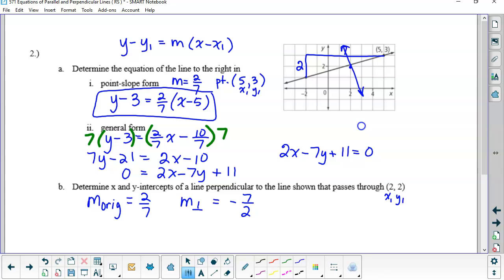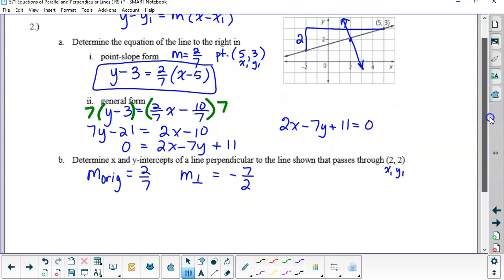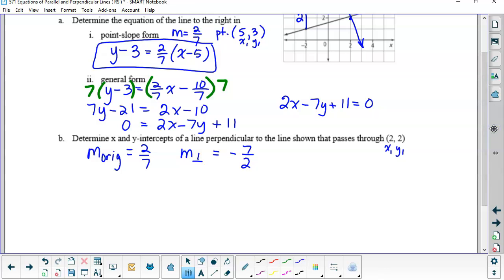It's hard to tell if it's going to be nice y-intercepts or x-intercepts or not. I'm going to go back and use my point slope form. That works for everything nicely. So I'm going to put that point and the slope into that form. So for my perpendicular line, I'm going to have y minus 2 equals negative 7 over 2 times x minus 2.